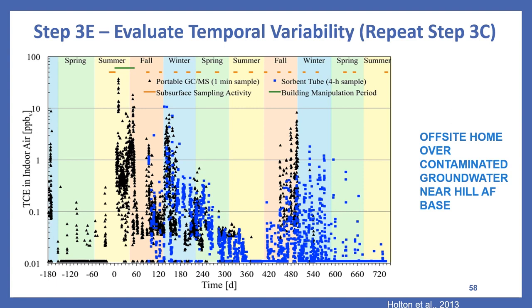To help demonstrate the wide range in temporal variability in indoor air, this graph that was also shown earlier in this training in the vapor intrusion basics section shows the TCE concentrations from roughly 8,000 samples that were collected at the Sun Devil Manor residence.